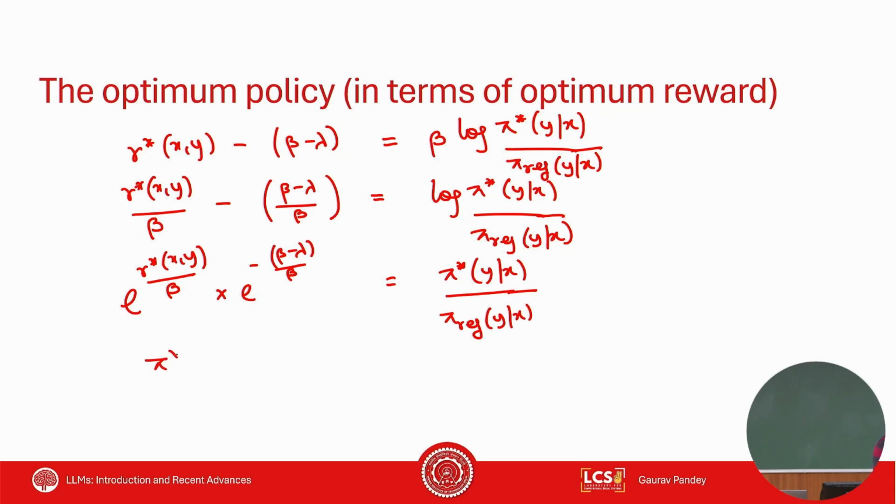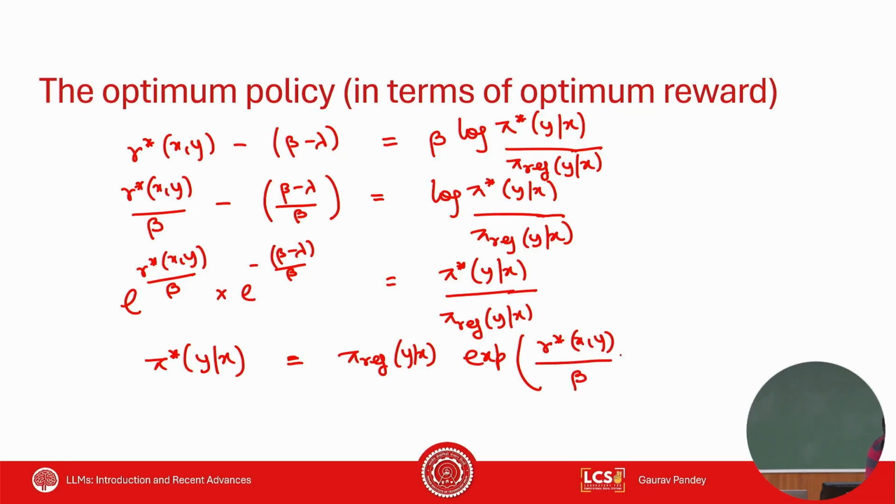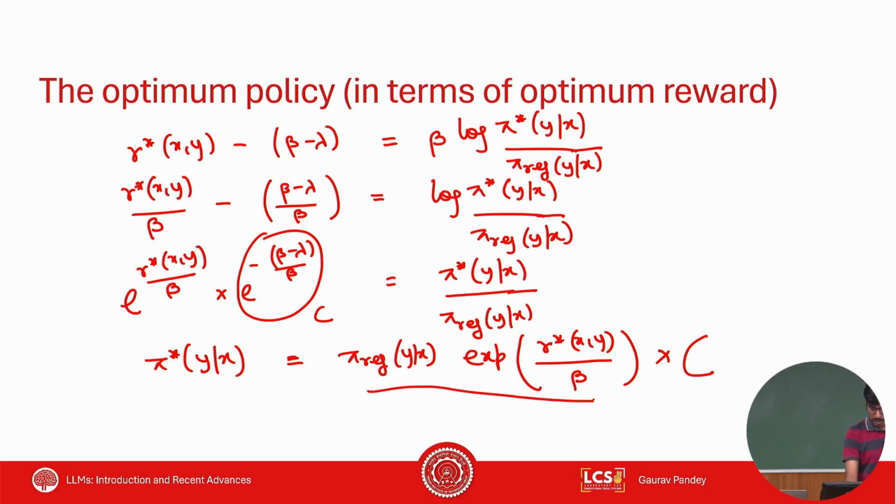What we get is pi star is equal to pi ref, times the exponentiated r star, times this quantity e to the power minus (beta minus lambda) by beta. I will just call this quantity capital C. And since pi star is a probability distribution, this C will come out to be the normalization constant. So C is just a normalization constant.